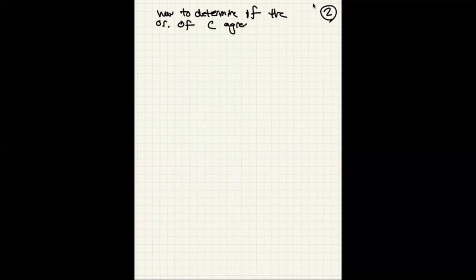So let's remind ourselves how to determine if the orientation of C agrees with the orientation of S. I'll say what I said in class on Wednesday, and this is the OpenStax version. This is how they describe it in OpenStax.